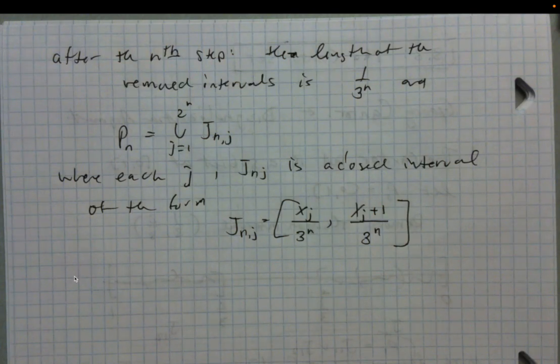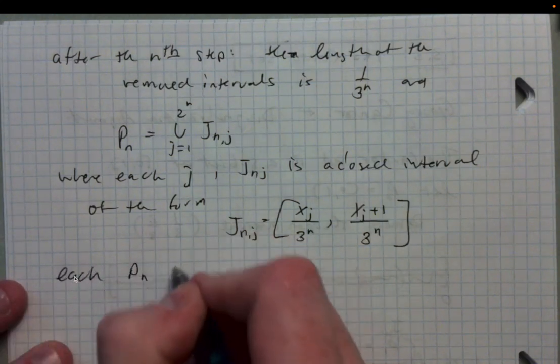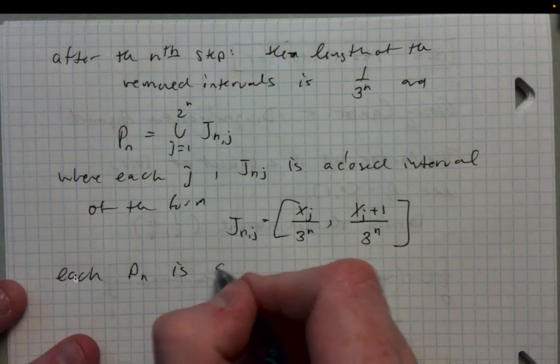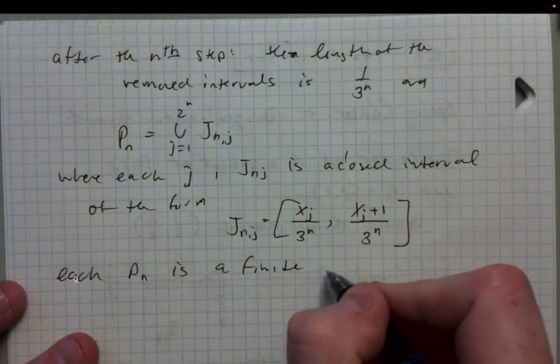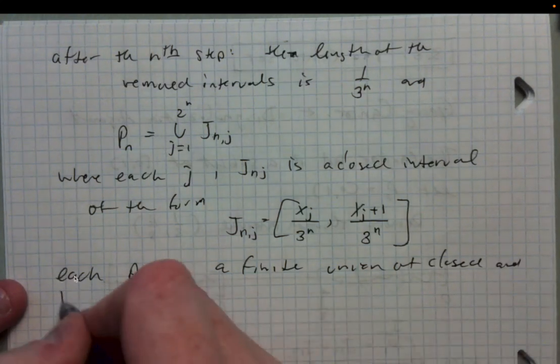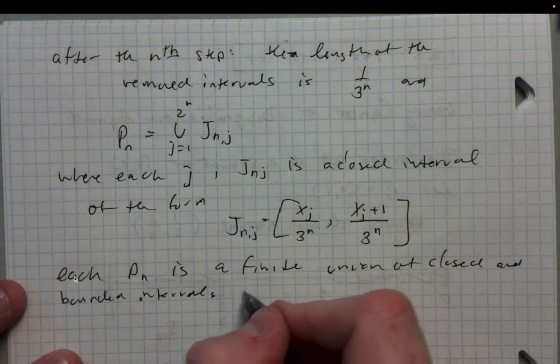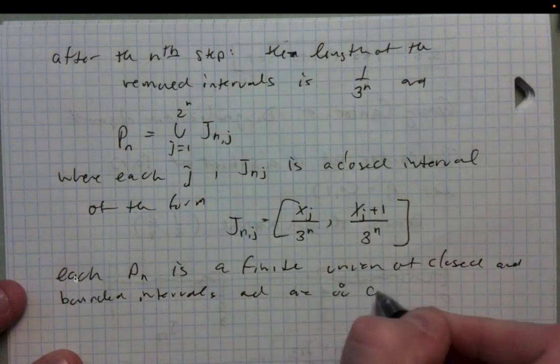Okay, and so each P sub n is a finite union of closed and bounded intervals, right? All closed intervals are compact, and this is a union of closed intervals, so it is compact, right? So each P sub n is a finite union of closed and bounded intervals, and are therefore compact.